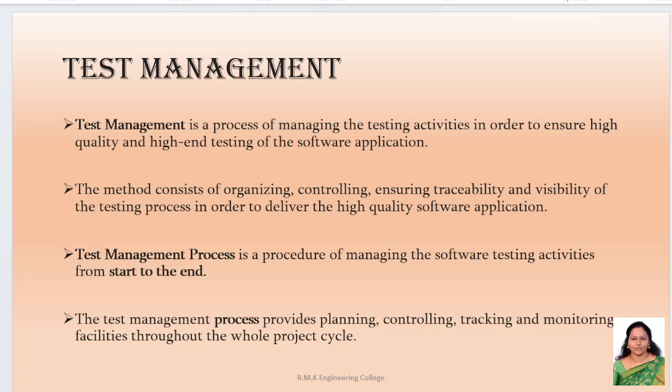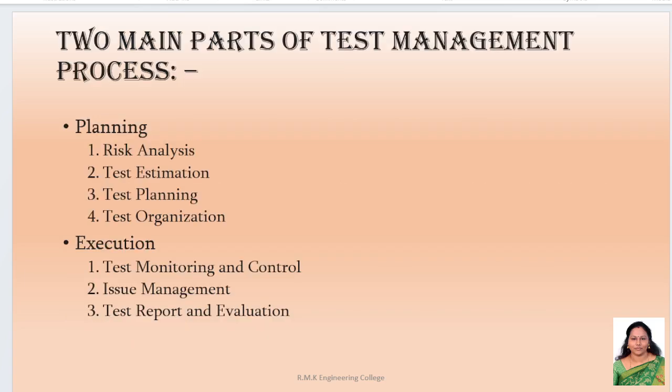By using these methods, you deliver high quality software. It also includes planning, controlling, tracking, and monitoring the activities throughout the whole project from start to end cycle. We have two main parts of the test management process: planning and execution.